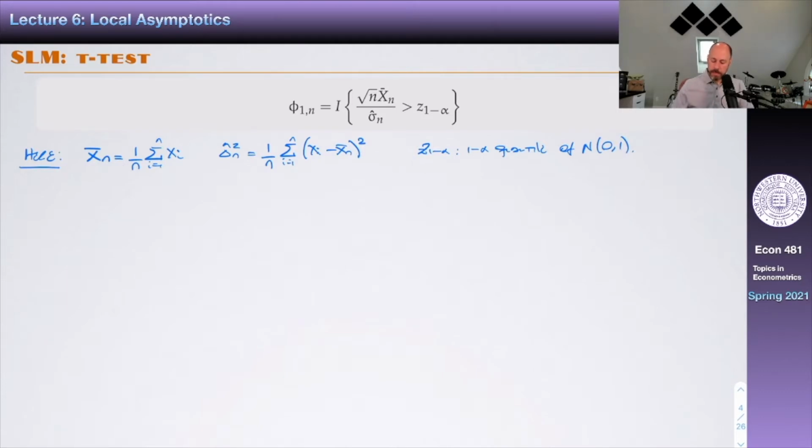And then under the null hypothesis, we claim that this test is pointwise asymptotically level alpha.